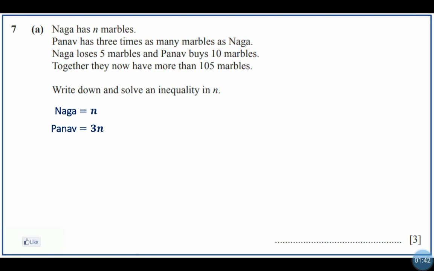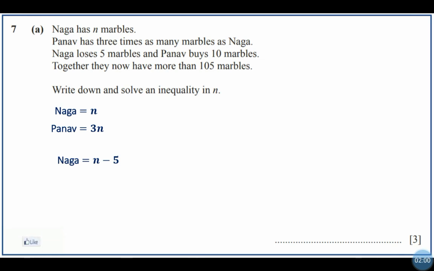And then the third sentence says Naga loses 5 marbles and Panav buys 10 marbles. So there are 2 thoughts over here. First is Naga loses 5 marbles, so minus 5.